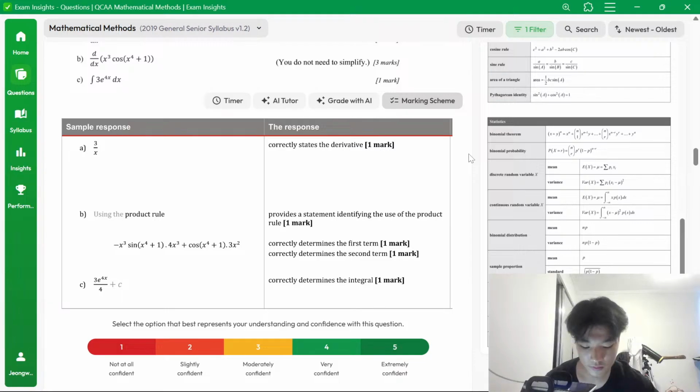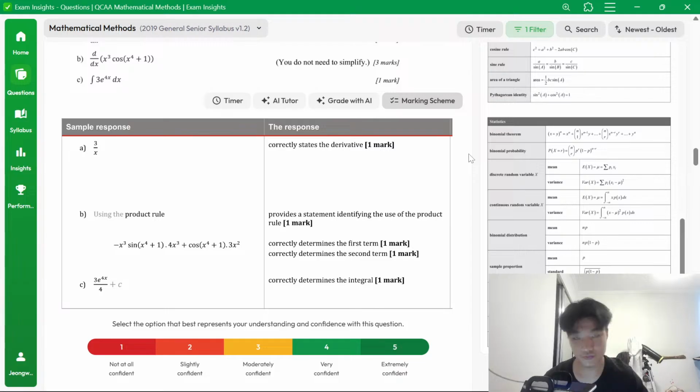So this becomes negative x cubed sine, multiplied by 4x cubed. Yep. Okay. Provides a statement identifying the use of the product rule. I'll give myself a tick. First term, yep, and then second term, yep.